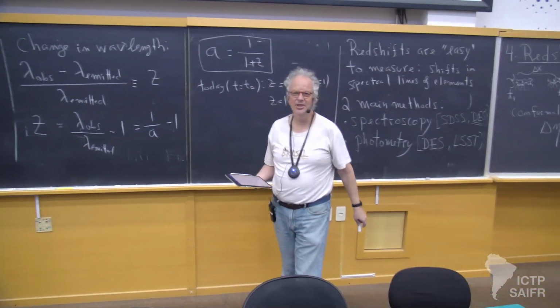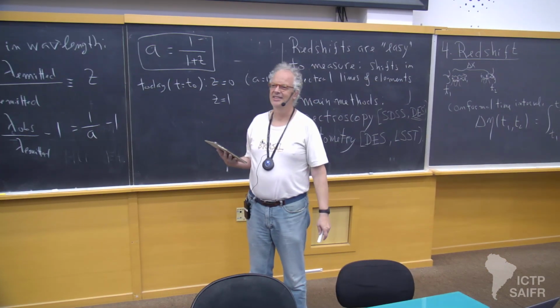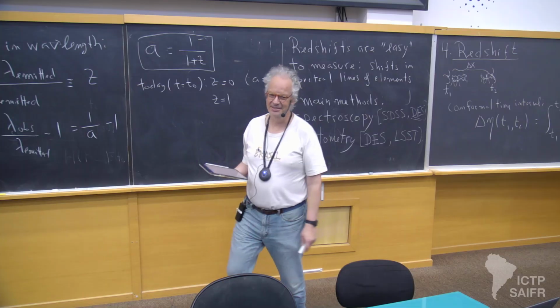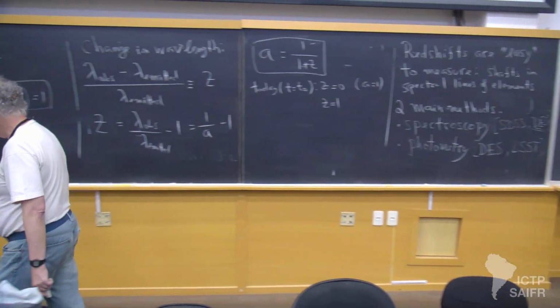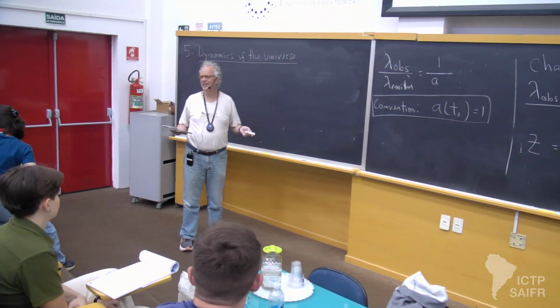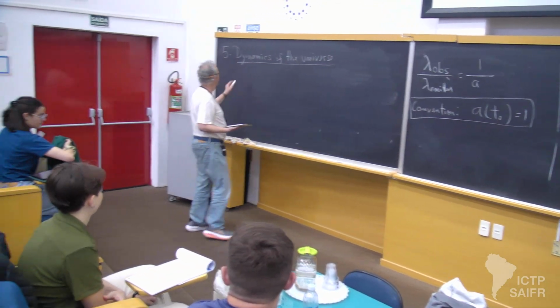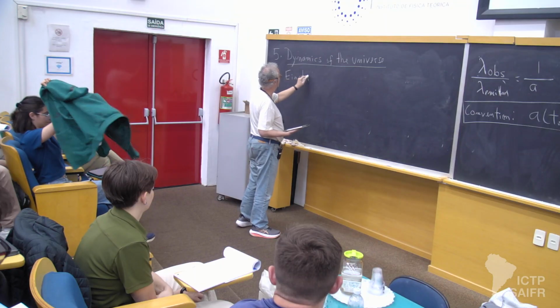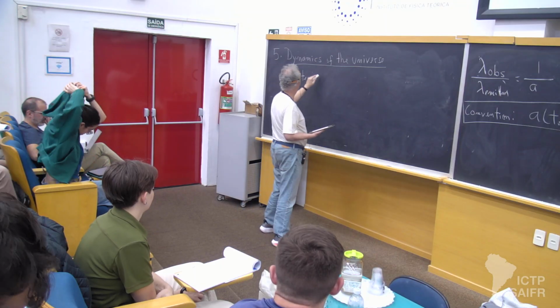So we need the equations of motion of the universe. So what are the equations of motion of the universe? It's the theory of relativity. It's Einstein's general relativity. Of course, this is a whole, I have 4 lectures, right? So you can spend your life studying general relativity.